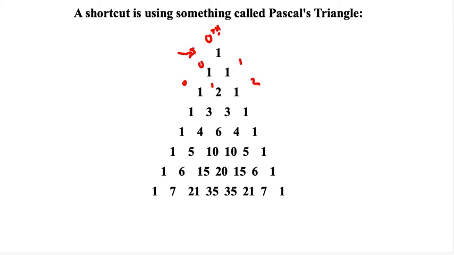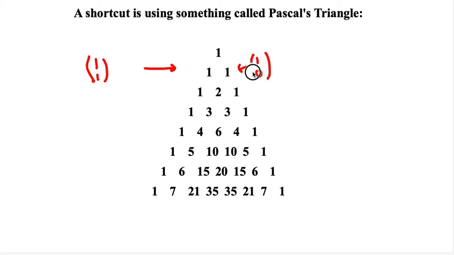Now, if you're looking at this, you probably see some sort of pattern, I hope. At the very least, it's a triangle, right? Also, it all seems to start with 1. So here's how this works. This row would be equivalent to 1 choose 1. In other words, how many different ways are there to pick one thing from a group of 1? The answer is 1. And then this would be 1 choose 0.